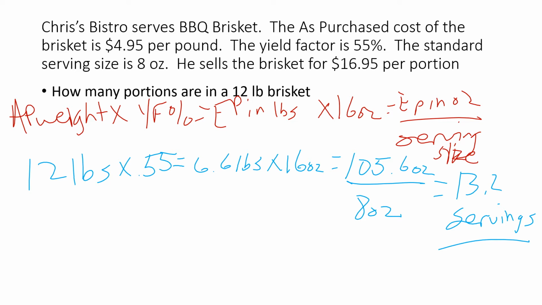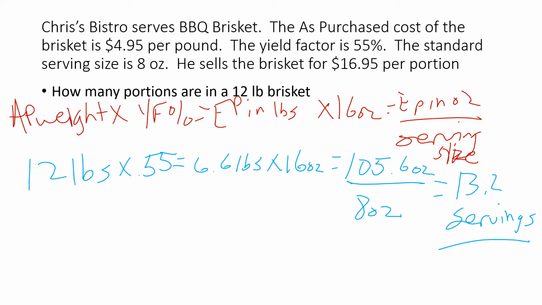13.2 servings. Can we run that up to 14? No. Can we run it down to 13? Yes. We would basically have almost an extra quarter of a serving for each brisket. How often do we only serve one brisket? Very rarely, right? So you have two options.